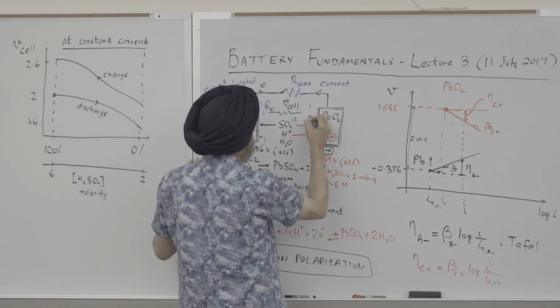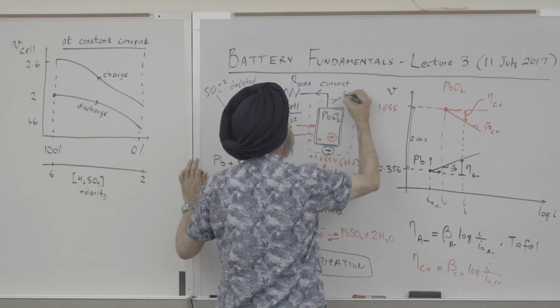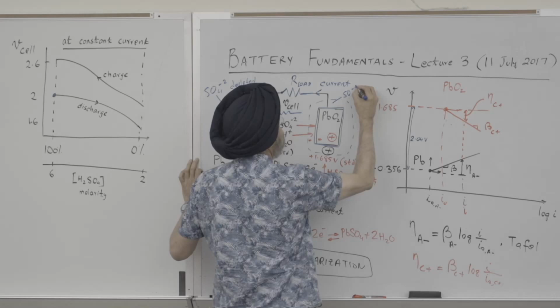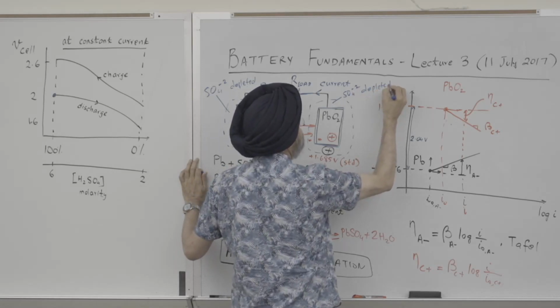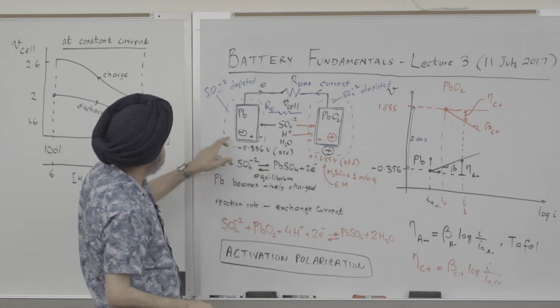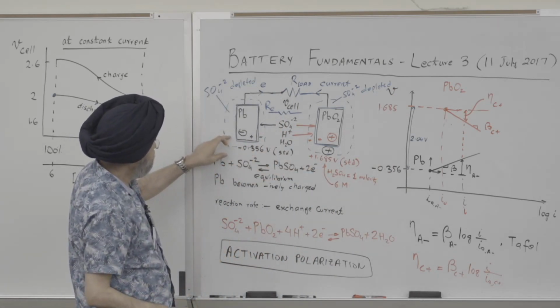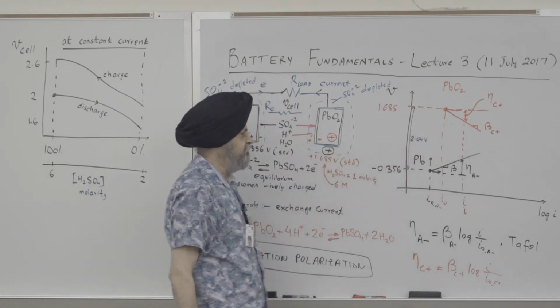Similarly over here, there'll be a region where the sulfate ions are depleted. So there's a decrease in sulfate concentration, and that also affects this curve.